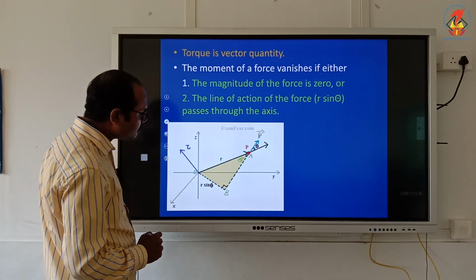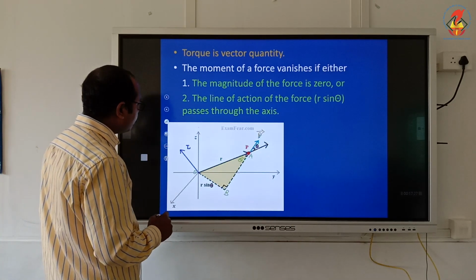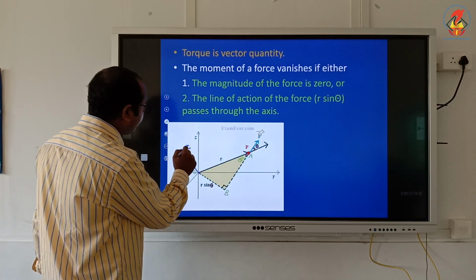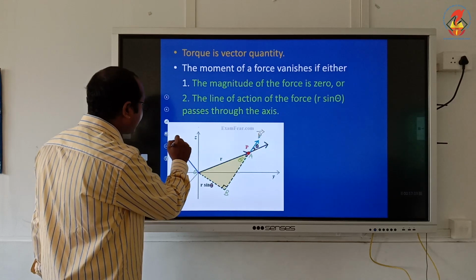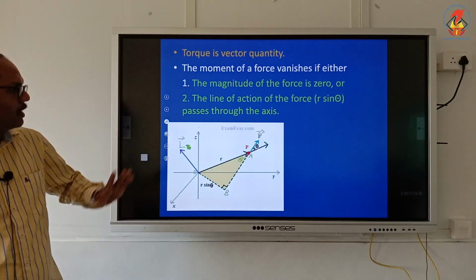Now angular momentum is denoted by capital letter L. That is what I have written here.